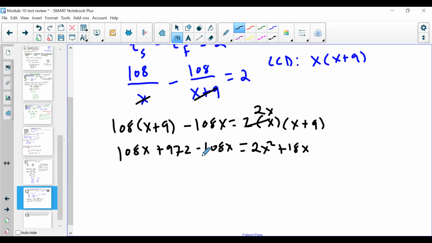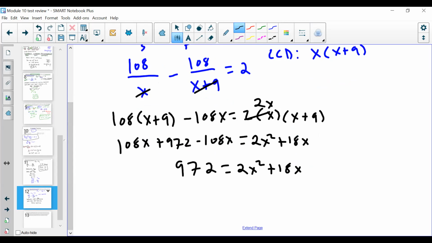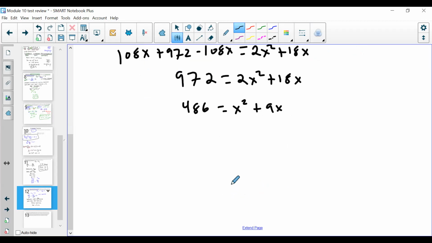The 108x and a negative 108x cancel out, and I have 972 equals 2x squared plus 18x. I can divide everything by 2. So 972 divided by 2 is 486. So I have 486 equals x squared plus 9x. Or I can rewrite this as x squared plus 9x minus 486.